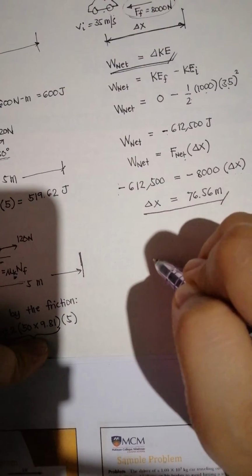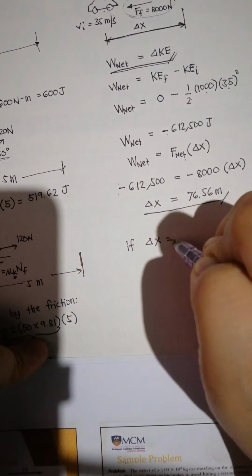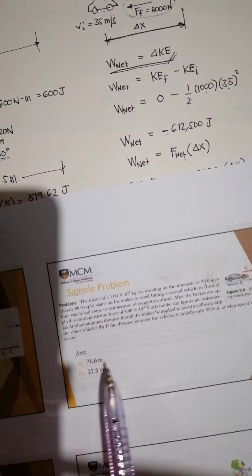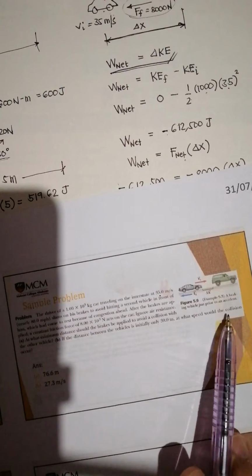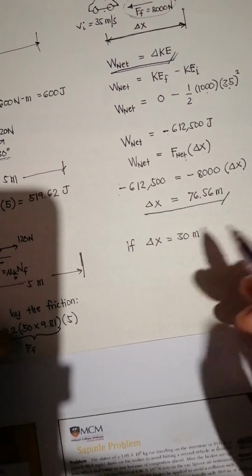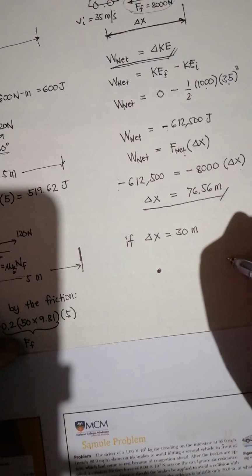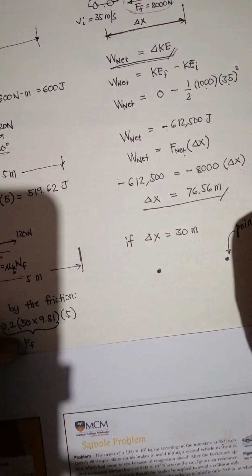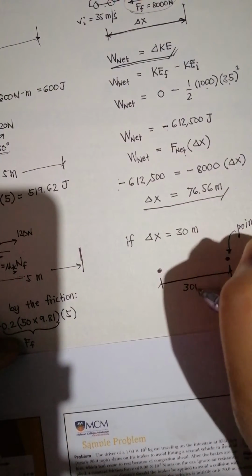So if the distance ahead was 30 meters, we have to get the speed where the collision occurs. So this is the initial point, then this is the point of collision of the cars, and then we have the distance that is 30 meters.